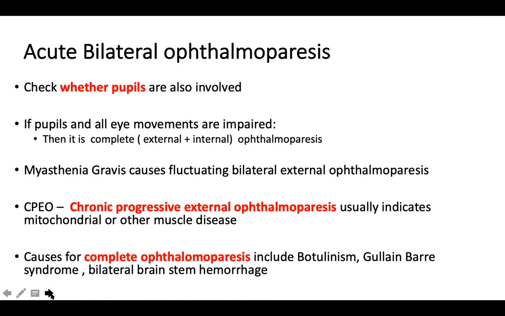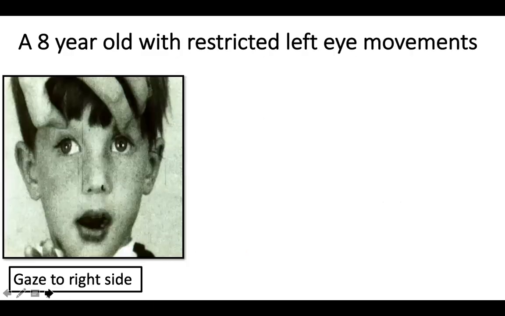I'm sorry for that. Myasthenia gravis does not produce complete ophthalmoparesis. Myasthenia gravis and mitochondrial disorder produce external ophthalmoparesis. Pupils are not involved. But in Guillain-Barré syndrome, snake bite, botulism, bilateral brainstem hemorrhage, you can have a complete ophthalmoparesis in which the pupils are dilated and there's restriction of complete eyeball movements. So this is again a significant clue for localization.